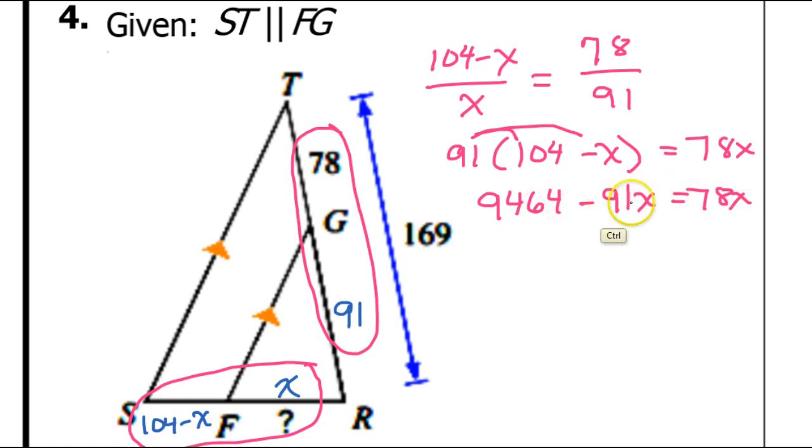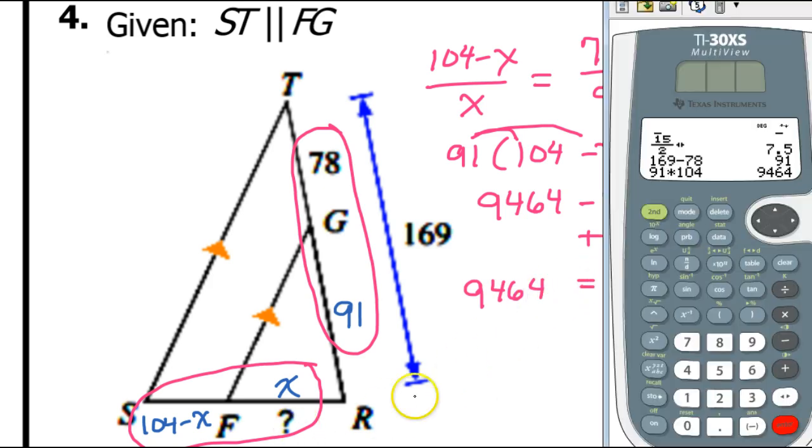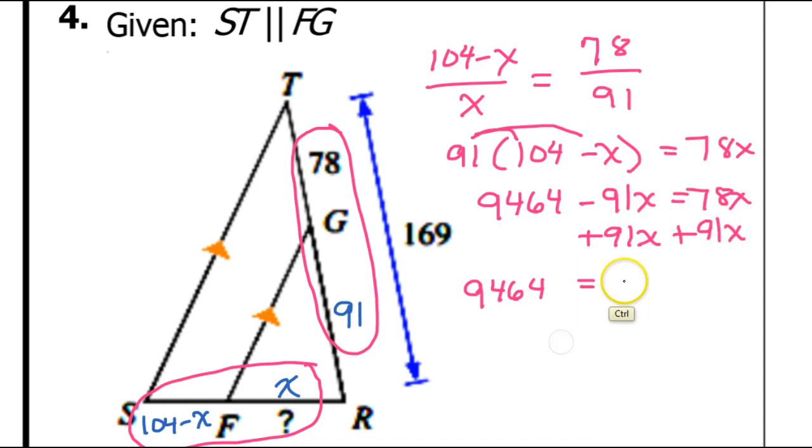I need to get these x's together, so I'm going to add 91x to both sides. So that leaves me with 9,464 equals 169x.